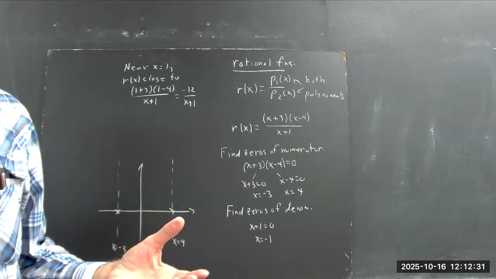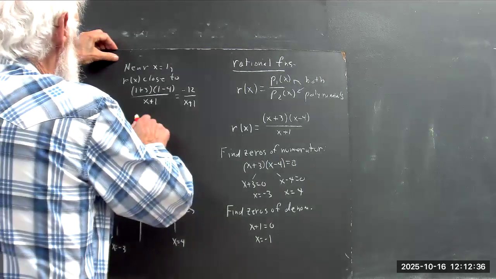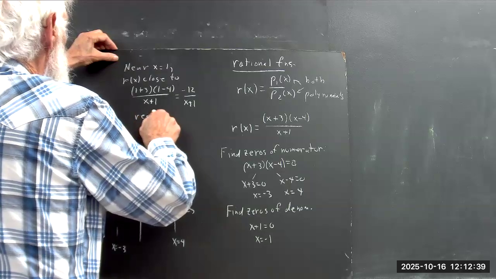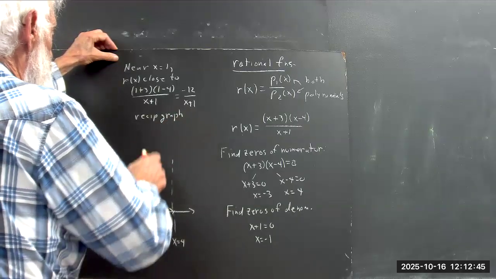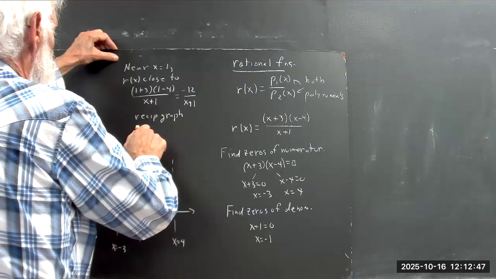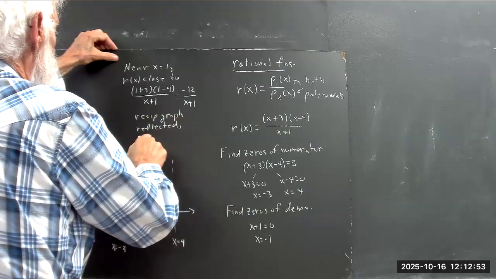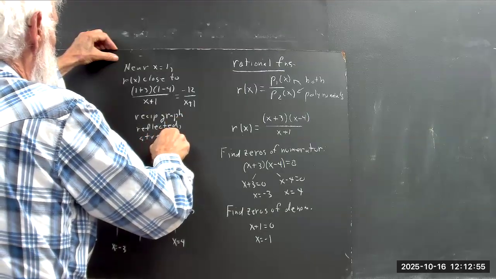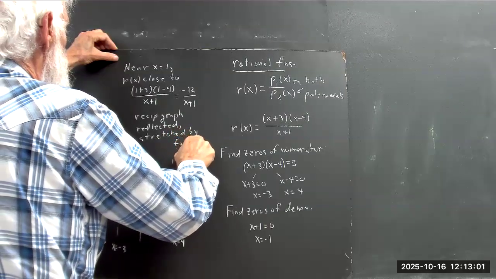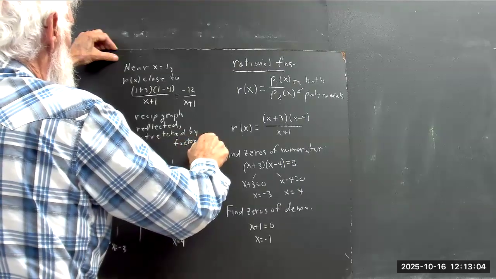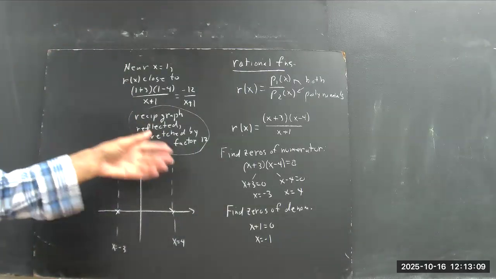Well, that's just a reciprocal graph. Just that little note that says it's a reciprocal graph reflected about the x-axis.